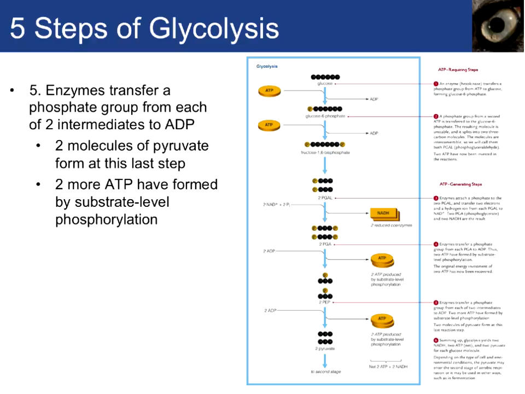And so finally, the last part of glycolysis, enzymes attach a phosphate to the 2 PGAL and transfer 2 electrons and 1 hydrogen from each of the PGAL to NAD+.